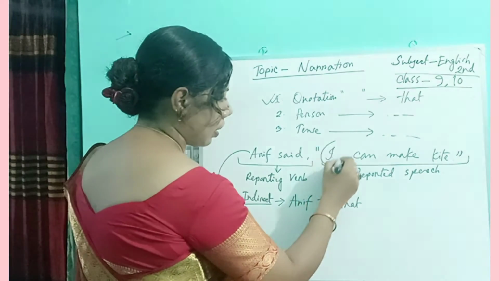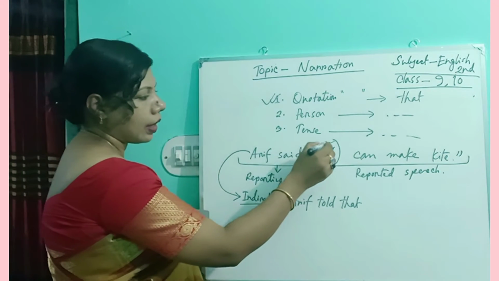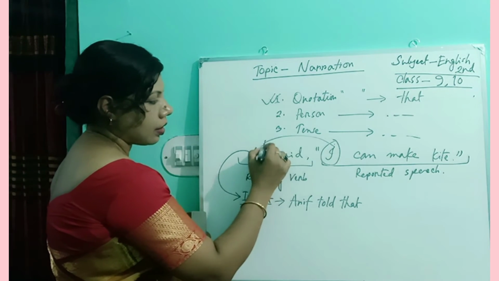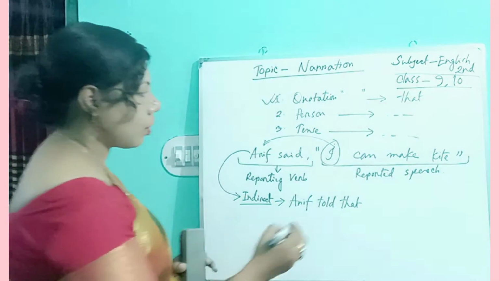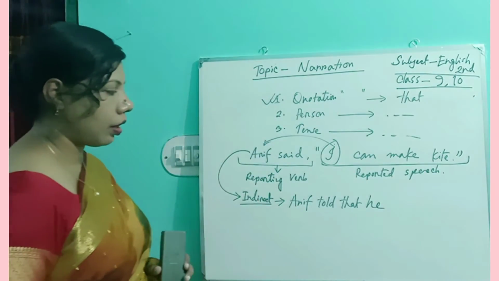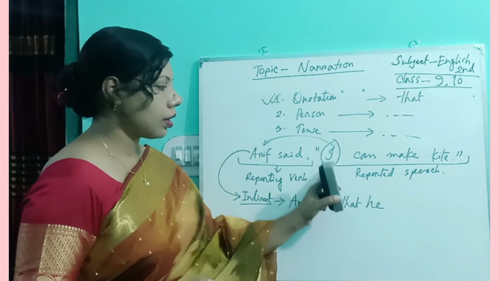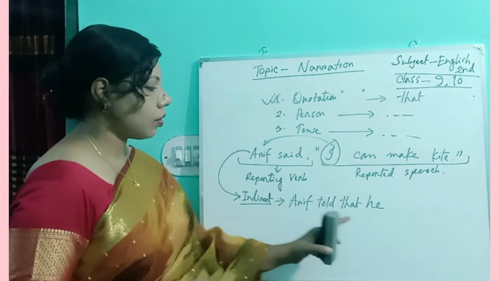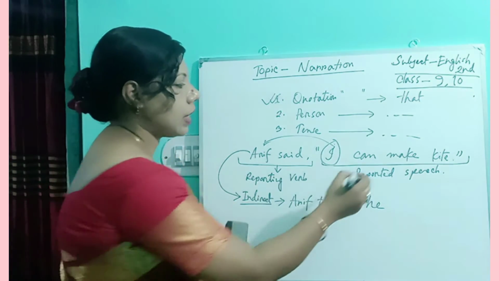Arif said, I can make kite. Here "I" means Arif, so we change the person to "he" because this I is Arif. So we can put "he" here. Now tense.